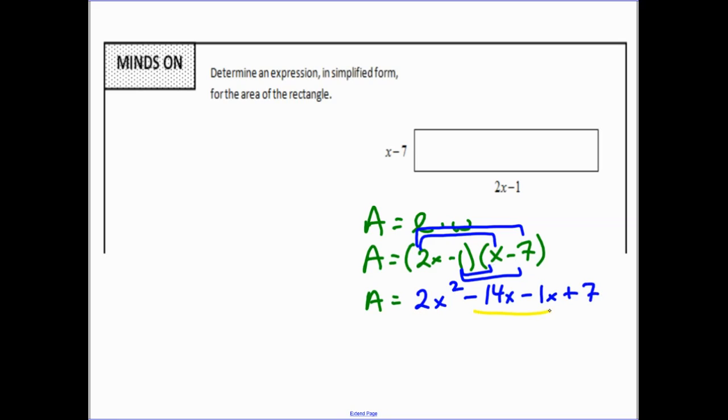We have our like terms in the middle, almost pretty much always. And so the first term is untouched. We have negative 14 and negative 1, so negative 15x, and plus 7. So if this is expanding, then the opposite is factoring.